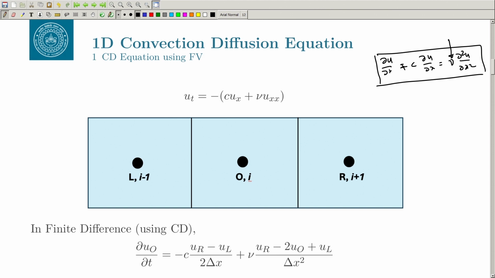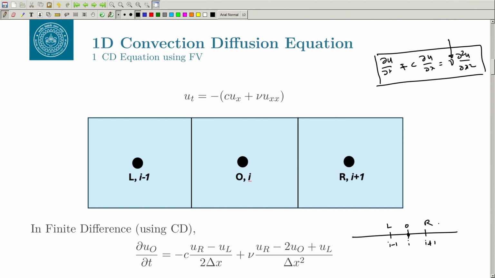If you are solving a thermal problem, this can become thermal conductivity. If you want to solve it in finite difference, you will make a grid. This is I plus 1, I minus 1, and let us say you want to write the solution here. Let me call this O, and I minus 1 is the left of this, I will call this left, and I plus 1 is the right of this, I will call right.